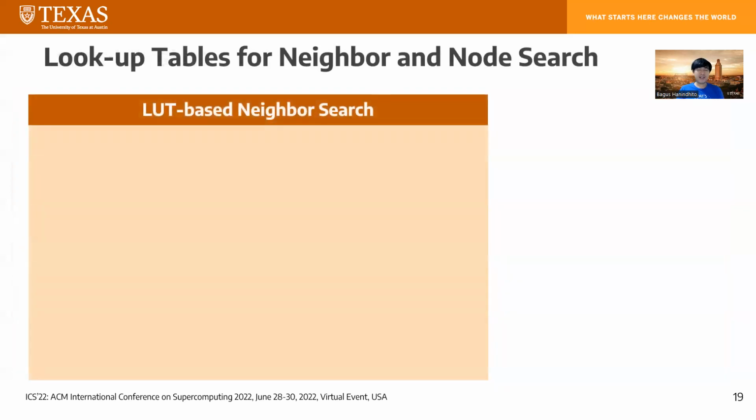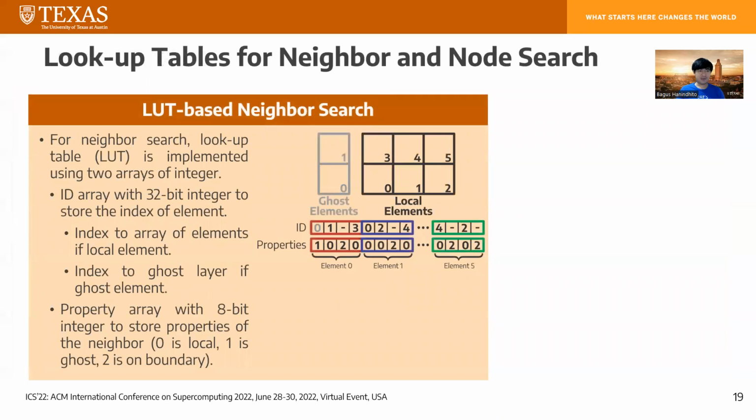So LUT-based neighbor search basically just consists of two arrays. The first one stores the index to the element arrays if it is a local element, or to the ghost layer if it is a ghost element. The second array stores the properties of the neighboring elements, whether it is a local element, whether it is a ghost element, or whether it does not have a neighbor because it's located on the boundary of the problem domain.